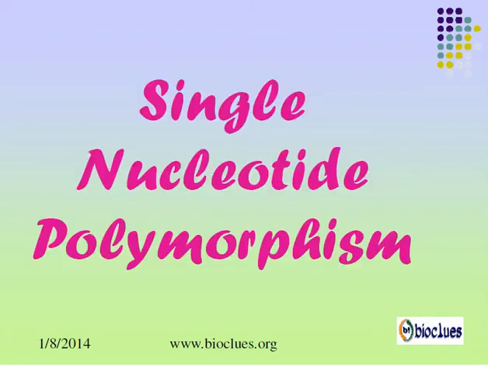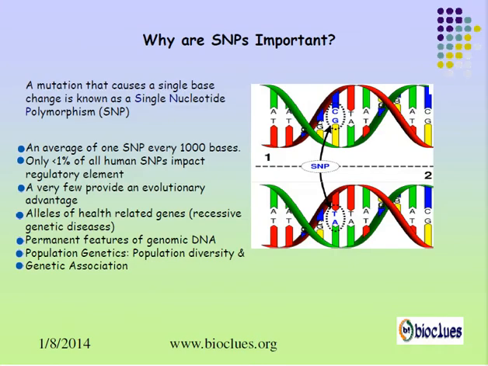Right, so let's move on to our next topic, single nucleotide polymorphism. A single nucleotide polymorphism is a mutation that occurs in a single base, at one nucleotide, and on average, one SNP occurs in every 1,000 base pairs.